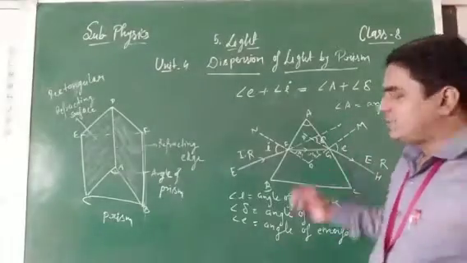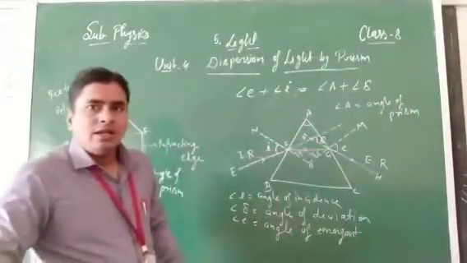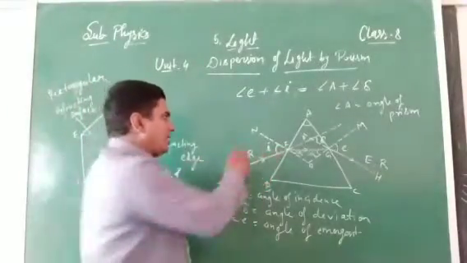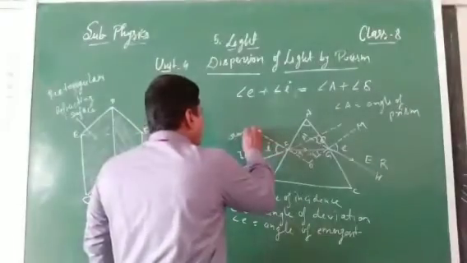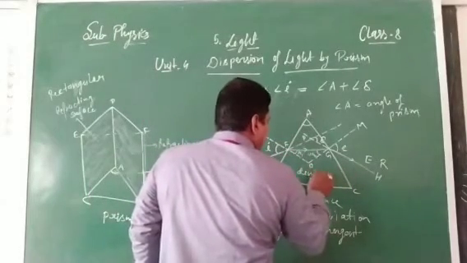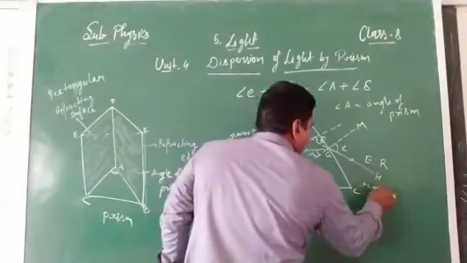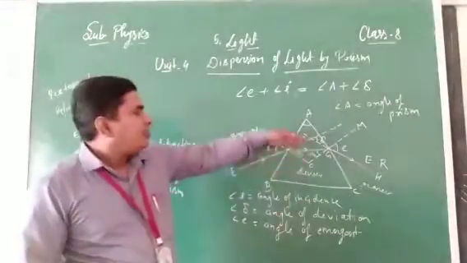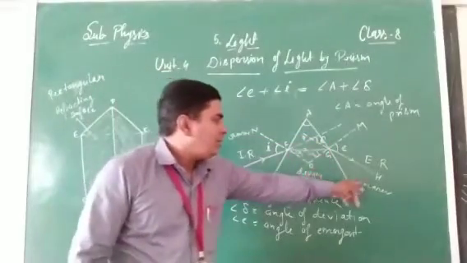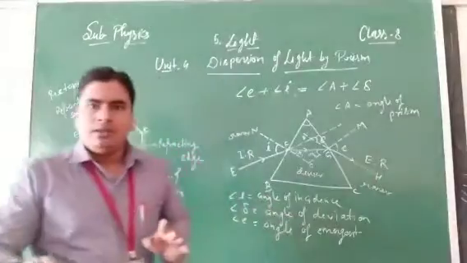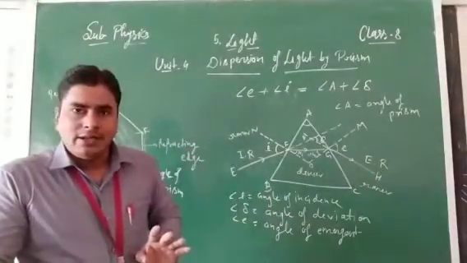Okay. So in this way, refraction takes place through the rectangular glass panel. The light ray passes first through the rarer medium, here the denser, then again rarer. Rarer to denser medium, it bends towards the normal, then denser to rarer medium, it goes away from the normal. Okay, students, clear?